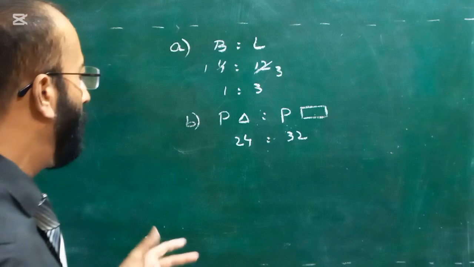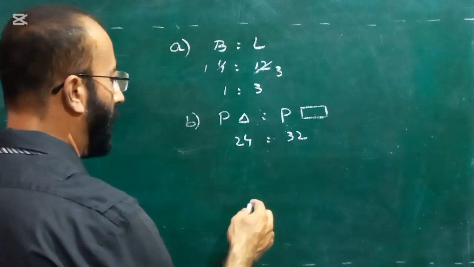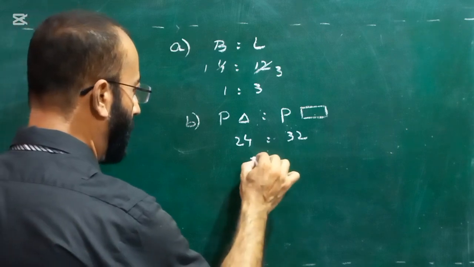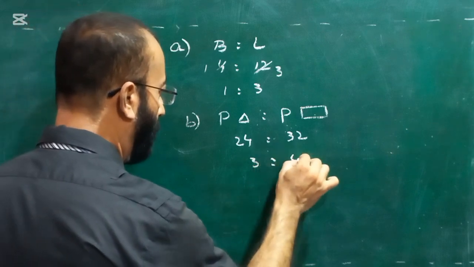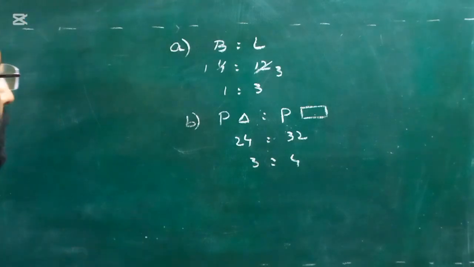So now we will cancel the values into the same table. These two values are coming in the table of 8. So 8 3s are 24 and 8 4s are 32. So this is the simplest ratio of the B part.